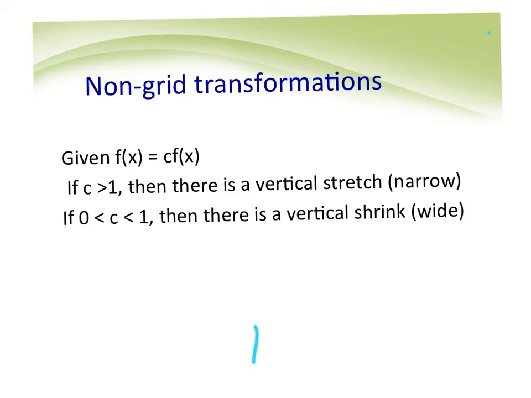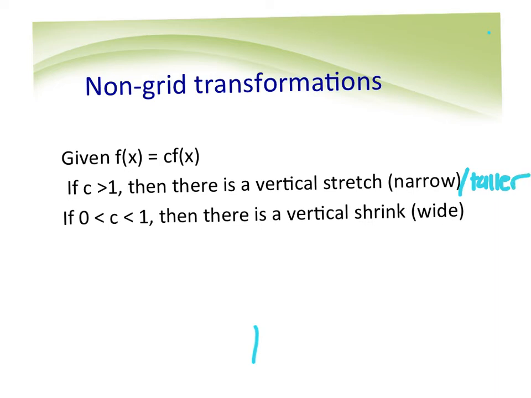As though you tied a string to the top of the graph and you're pulling it vertically. So if it's an absolute value, it gets more narrow. If it's a parabola, it gets more narrow. If it's a square root function, it would get taller. So kind of picture what a vertical stretch would do.